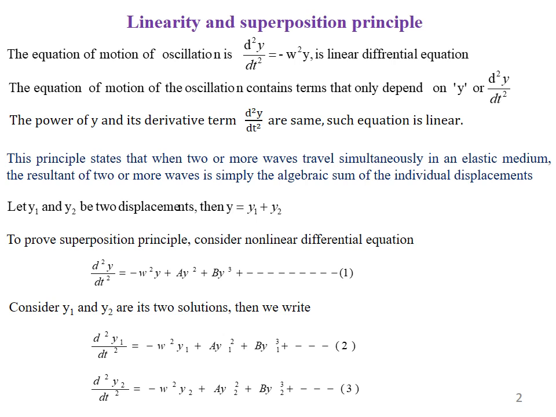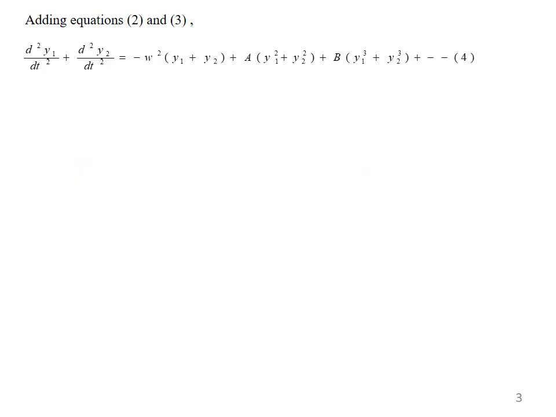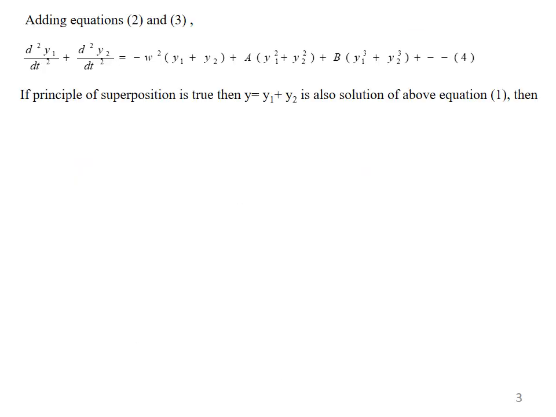Adding equations 2 and 3, we get d square y1 divided by dt square plus d square y2 divided by dt square is equal to minus omega square into bracket y1 plus y2, plus a into bracket y1 square plus y2 square, plus b into bracket y1 cube plus y2 cube, equation 4.